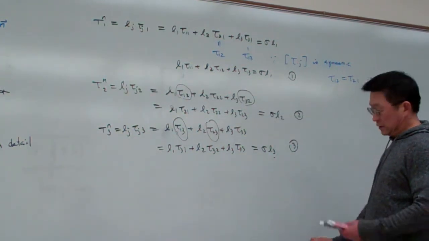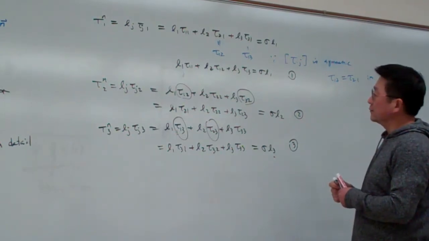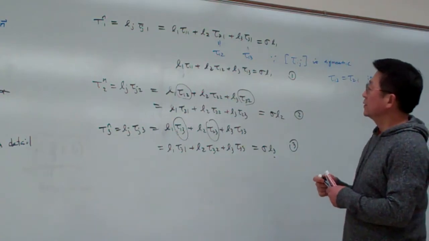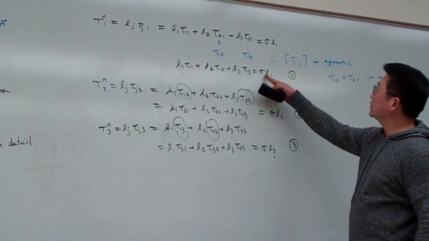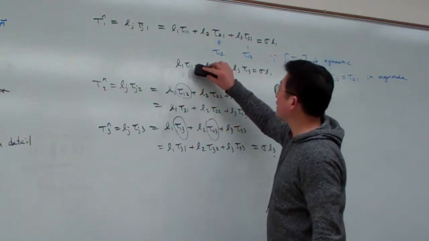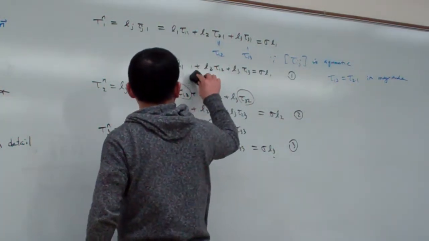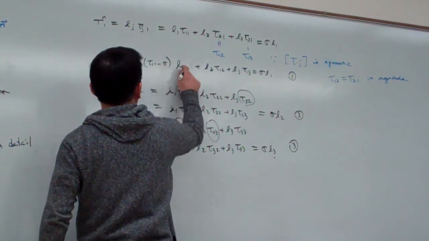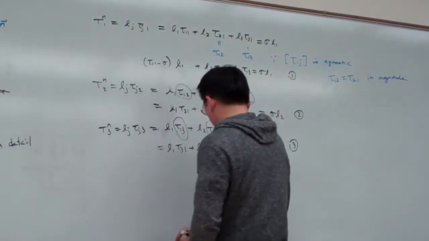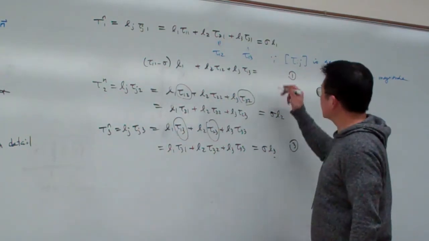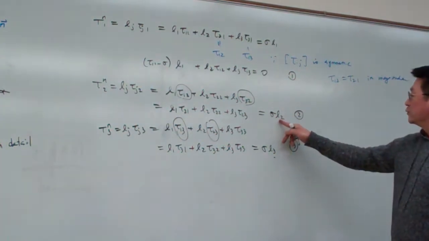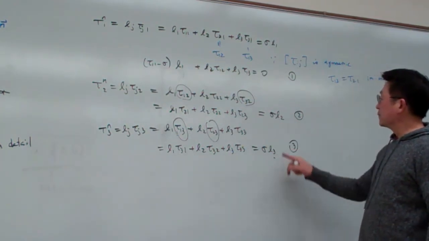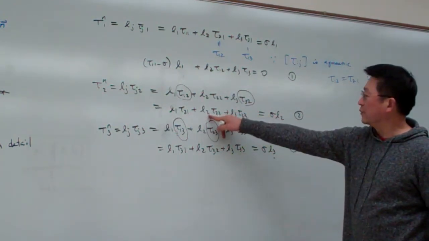Okay, so how to do that? I'm going to move this one to here. So basically that one becomes tau 1, 1 minus sigma. Okay, so this one becomes 0. The same thing, I'm going to move this one to the left-hand side, so these have to combine with this term.